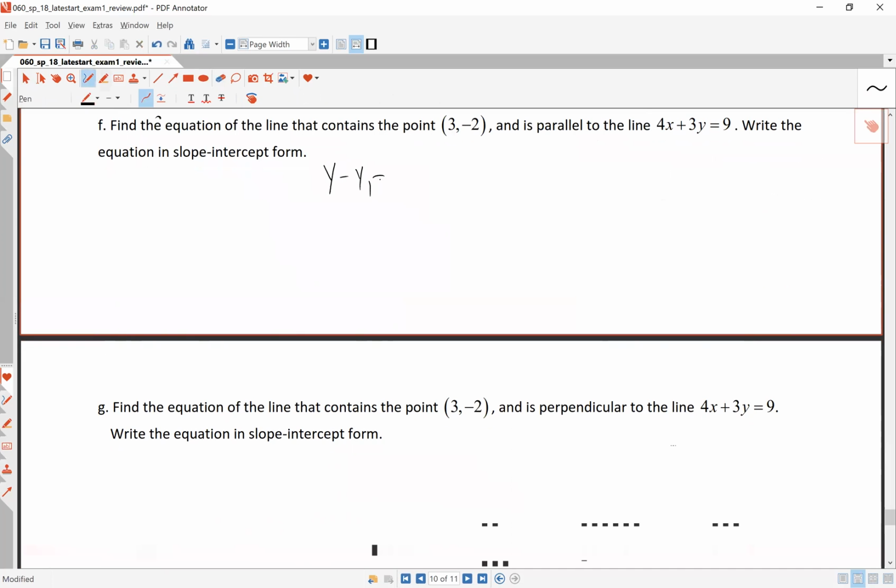Y minus y1 equals m times x minus x1. To be parallel to this line, we use the same slope. Letter G says perpendicular to the same line, and so instead of using the same slope, you use the negative reciprocal.